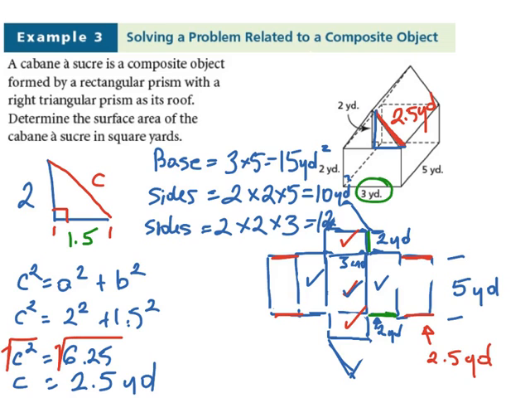We're going to do the next part, which is the roof. And we found out that the roof has 2 sides. That's the slanted heights, as you notice right here in red.